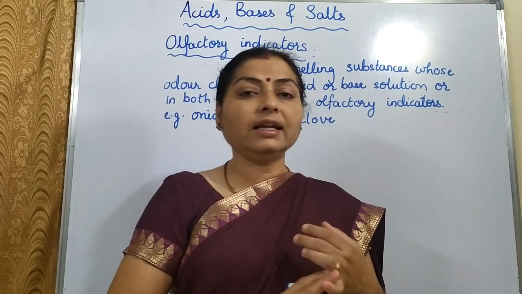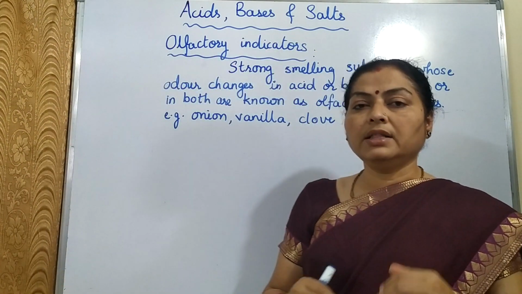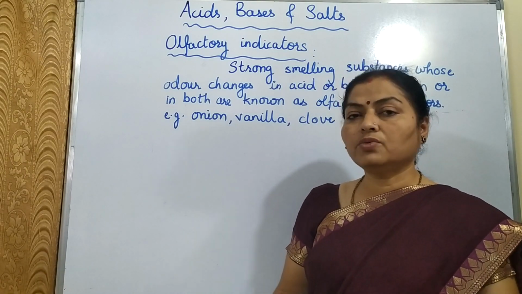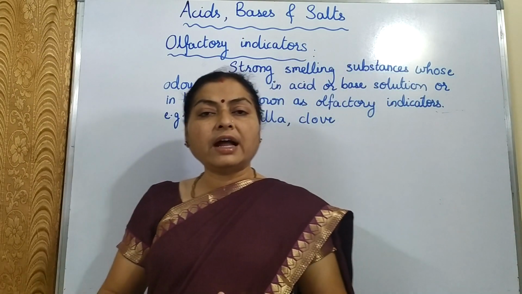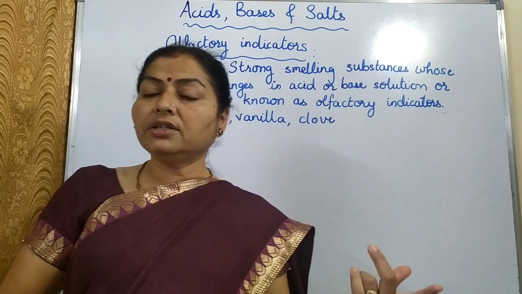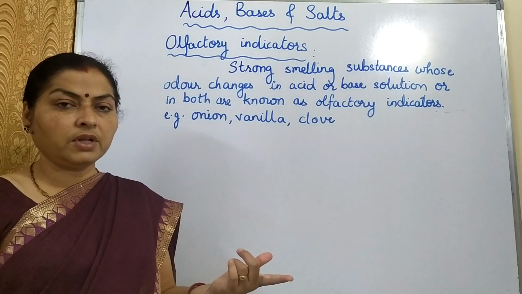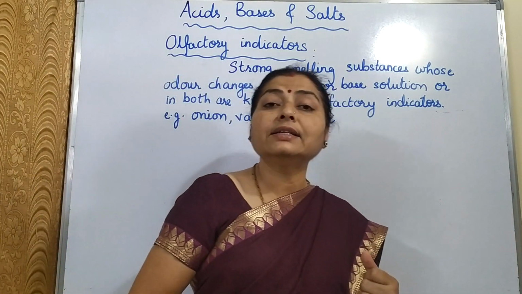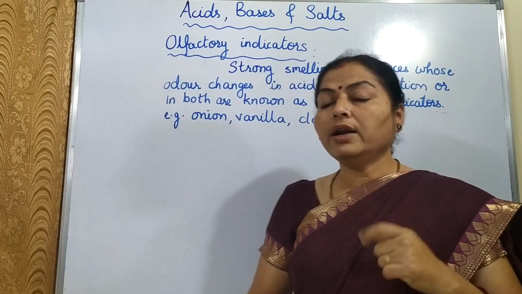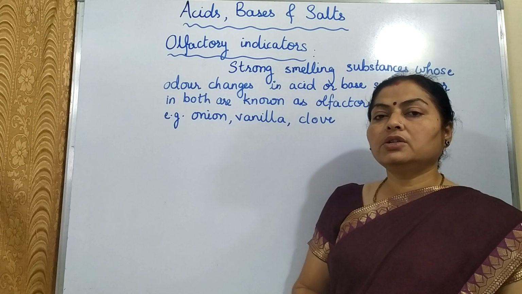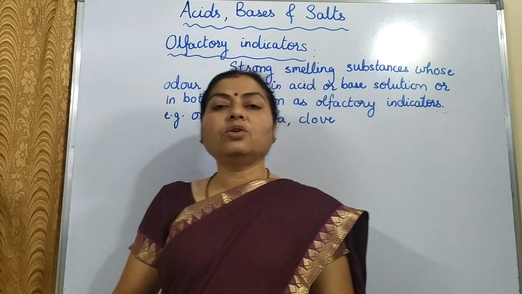Now, as HCl and NaOH will not be available in these times, as there is lockdown and school is also closed, you can try it with some other base like detergent, or you can take baking soda solution as a base, and as acid you can take vinegar, or even lemon juice. So do this activity at home yourself.